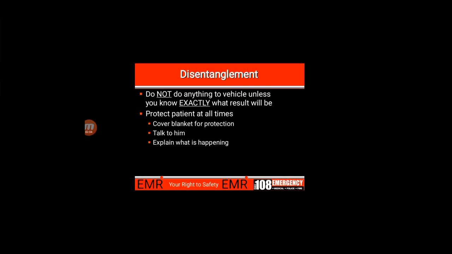Protect the patient at all times. If the patient is in a cold condition, we can use blankets. And we have to reduce the anxiety by talking to the patient and explaining to the patient what is happening. We should give a comfortable environment while extricating the patient.